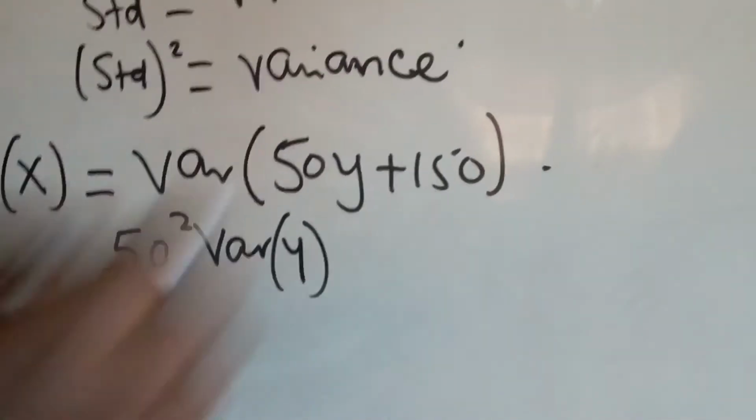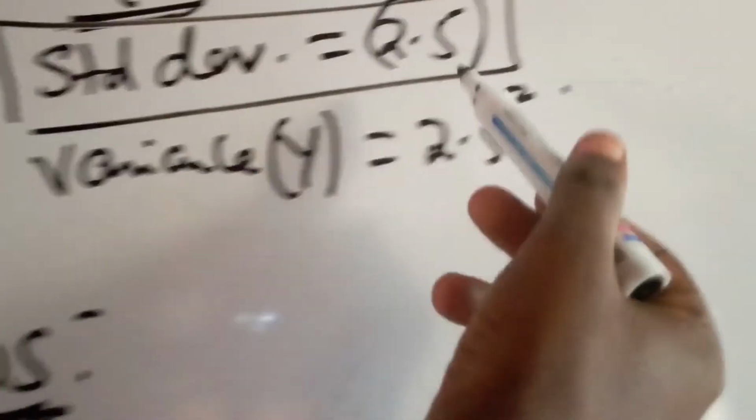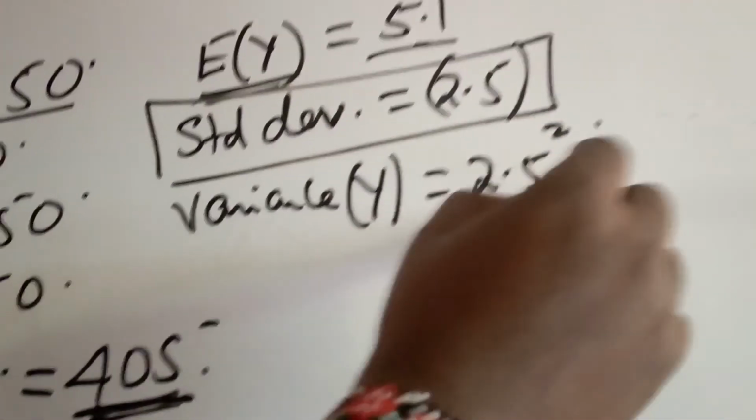And remember, the variance of y has been calculated to be 2.5 squared. You must take care of this. That is where the trick of this question is.